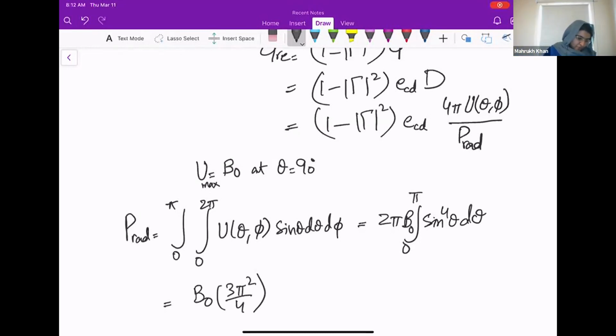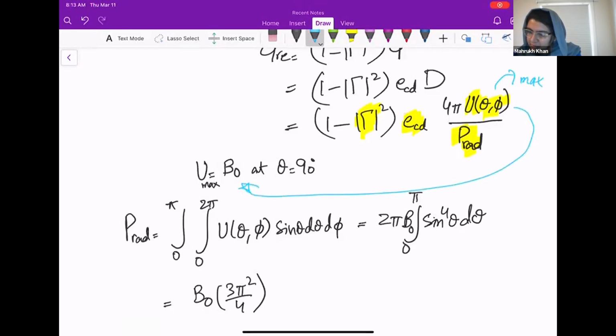Okay. So from there, I can find the maximum directivity. So my focus is to find this, this, this, and this. Because this quantity is maximum, so this is here, and P rad is B naught 3 pi squared by 4.